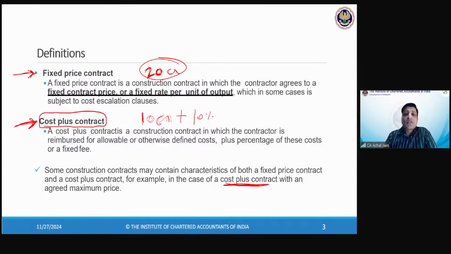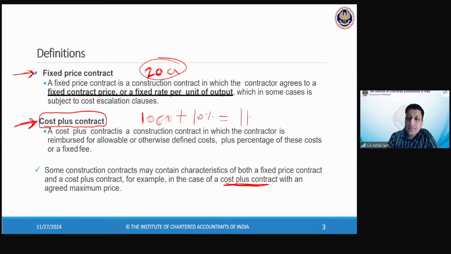So in this case, what will happen? Cost plus the markup is going to be the revenue. Can you tell me the amount in this case? What is going to be the amount? 11 crore. Great. Aisha says 11 crore. Yeah, I think everyone has computed this.